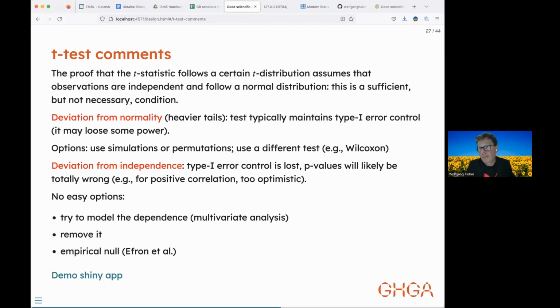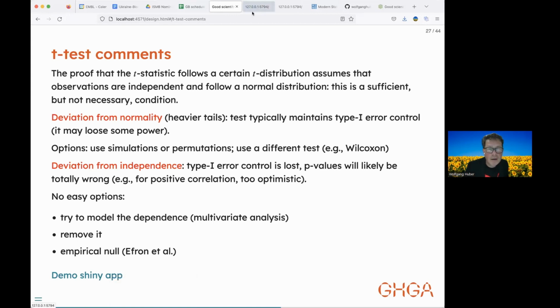What I often get in collaborations with experimentalists is the complete opposite. People are really worried about normality and do all sorts of things about it, and are completely unworried about independence, batch effects and confounding factors. It should be the opposite: relax about normality assumptions and be really apprehensive about any correlations in the data.